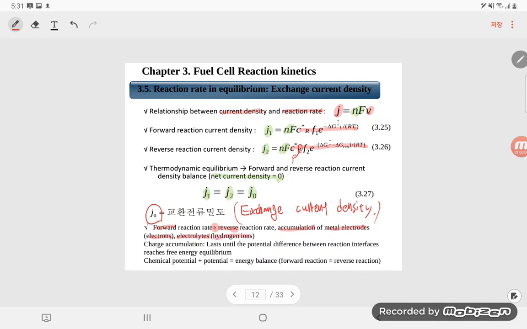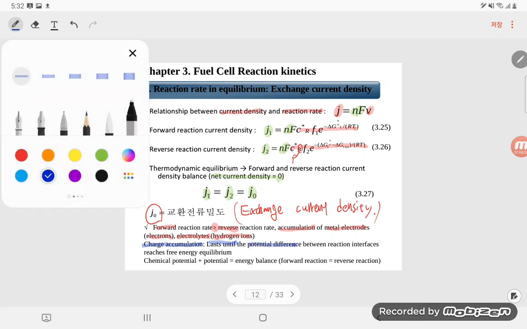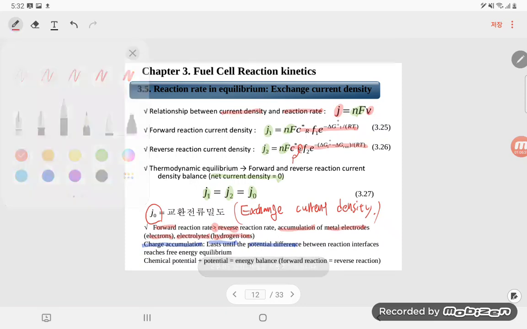If the forward rate is higher than the reverse, there should be accumulation of electrons onto the metal electrode, and in the electrolyte there is accumulation of hydrogen ions. This charge accumulation lasts until the potential difference between the reaction interfaces reaches the free energy equilibrium. This is the polarization. Because of the polarization between the plus and minus, a potential difference occurs.